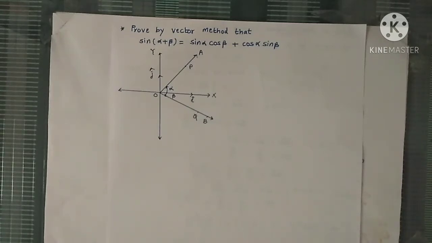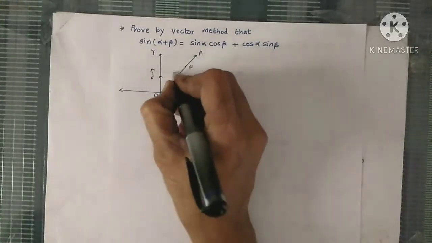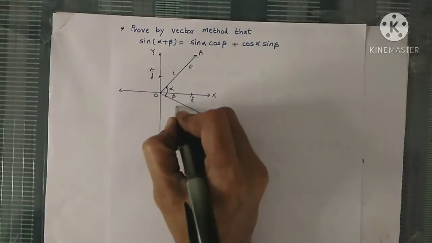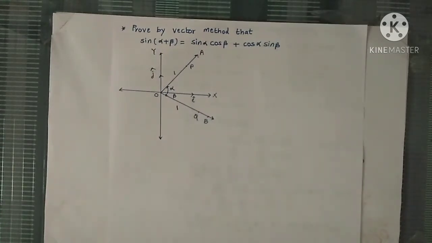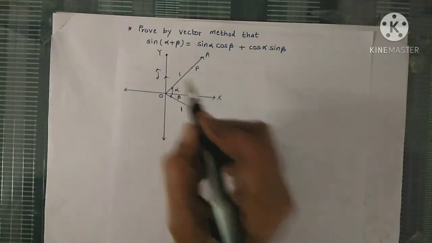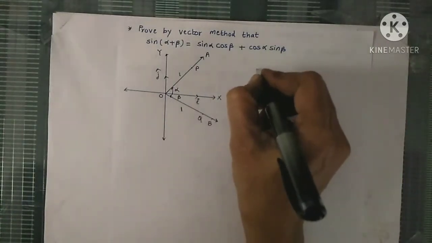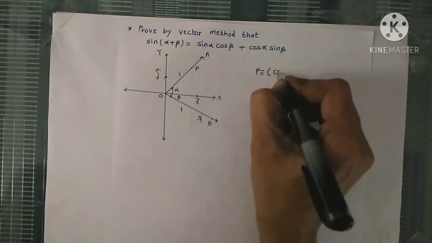And we are taking 2 points P and Q on ray OA and ray OB such that length OP is 1 and length OQ is 1. Now since this length OP is 1 and angle is alpha, so we can write coordinates of P using polar coordinates. So it is (cos alpha, sin alpha).